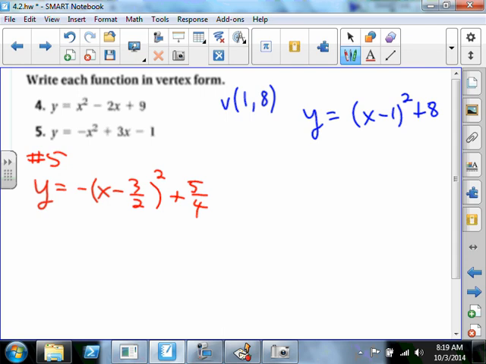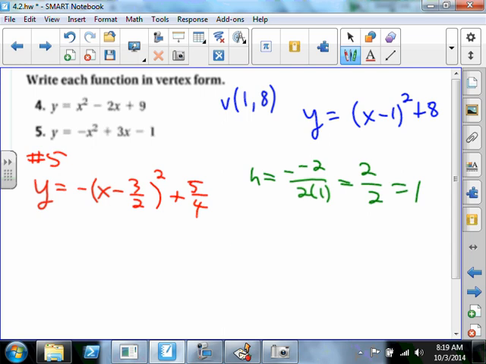If you had 10, well, let's see how this goes. Number 4, you should have had h is -2 divided by 2 times 1, which is 2 over 2, which is 1. And there's two formulas you could have used to find k. Did you use the 4AC formula or the other one?